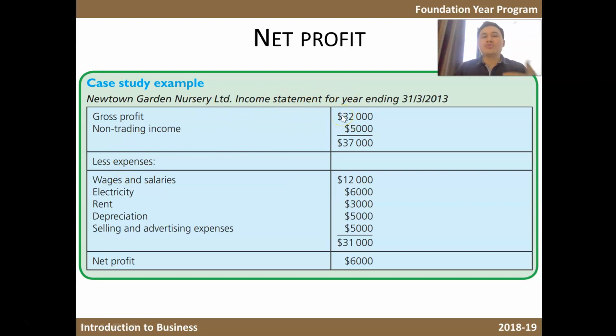Now what is non-trading income? Sometimes in income statements of companies you can see operating income, which is sales revenue, and non-operating income, also known as non-trading income. What is this?